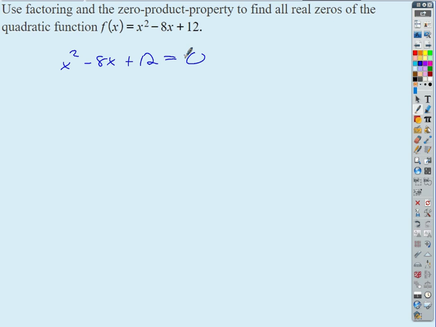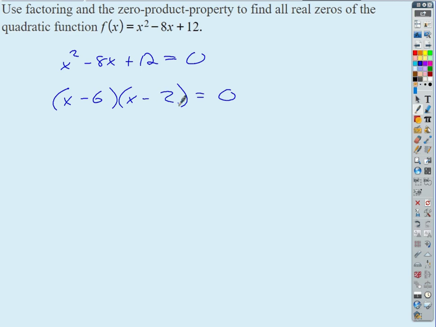Here we've got a nice little compact quadratic trinomial. A is 1, so if this factors, it's going to be easy. Are there magic numbers that work? What are they? -6 and -2, everybody agree? They have to both be the same sign and they have to both be negative because they multiply to a positive and add to a negative. And the numbers that work are 6 and 2, right? So then what are the zeros?